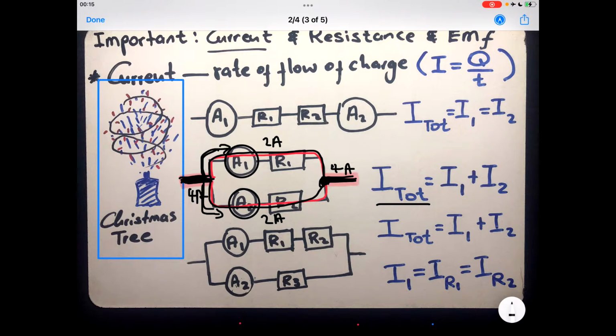If it's 1 ampere this side, then it's going to be 3 amperes this side, as long as when you add them together, it takes you back to the total. So the total current equals the current flowing through ammeter 1 plus the current flowing through ammeter 2.